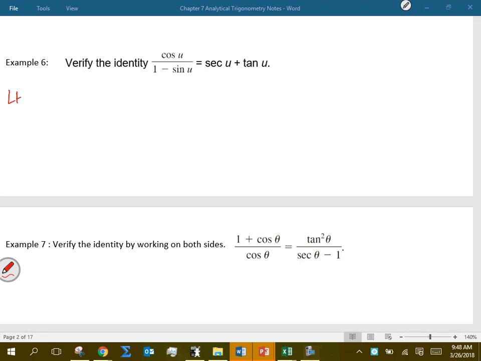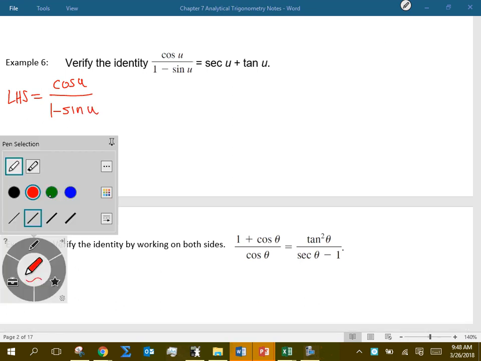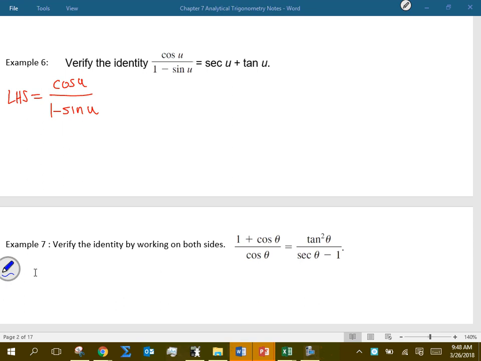If I start with the left-hand side here, another reason I want to work with it is because it brings in a piece of algebra that we've used in the past. We just haven't used it lately. We haven't used it yet in a trigonometric simplification problem.